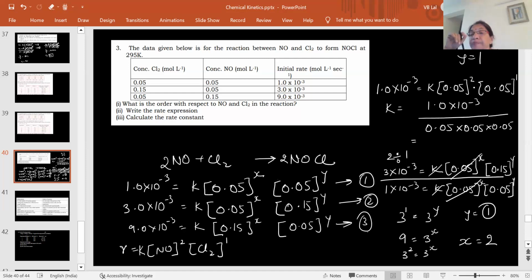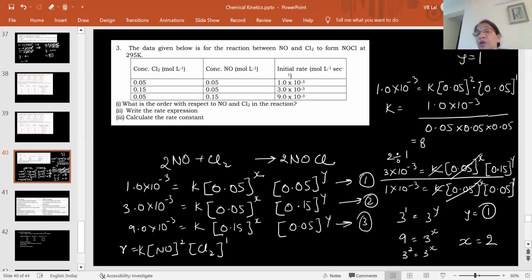What did you get? Did anyone find the answer? Ma'am, is it 8? Answer is 8. Now 8, and now you have to write the unit. Okay, so what will be the unit? It is a third order reaction.